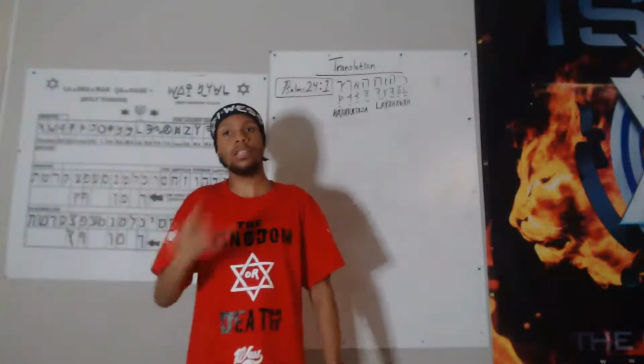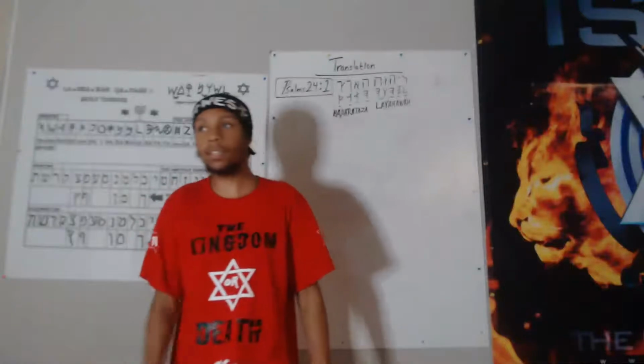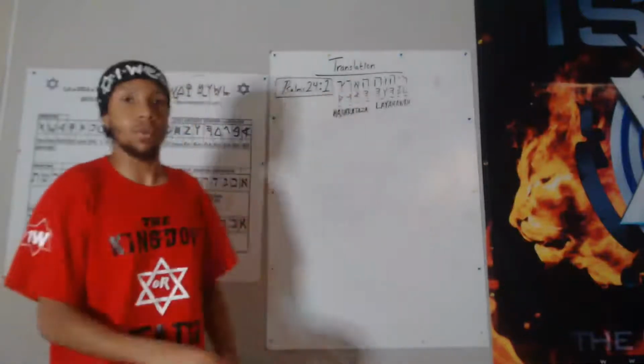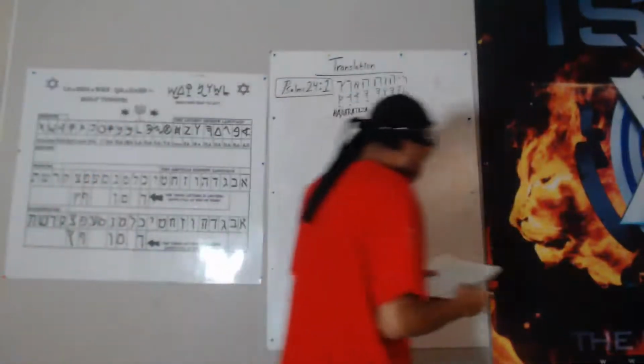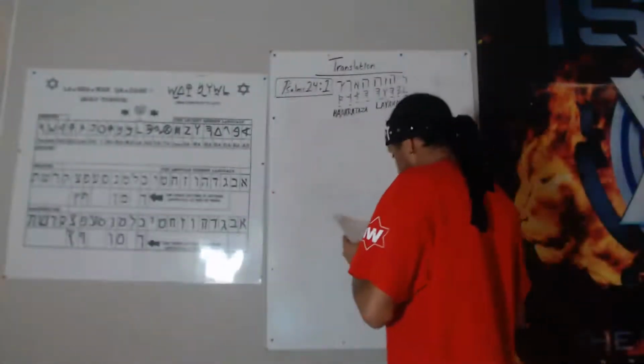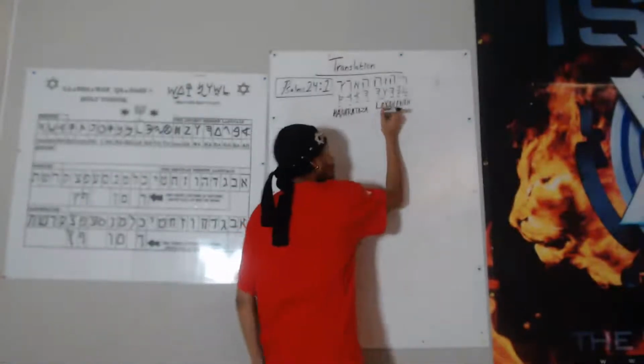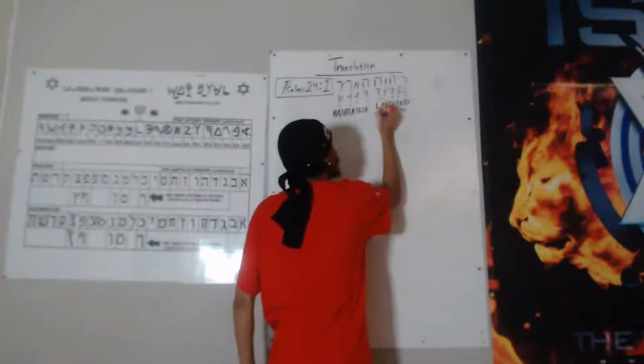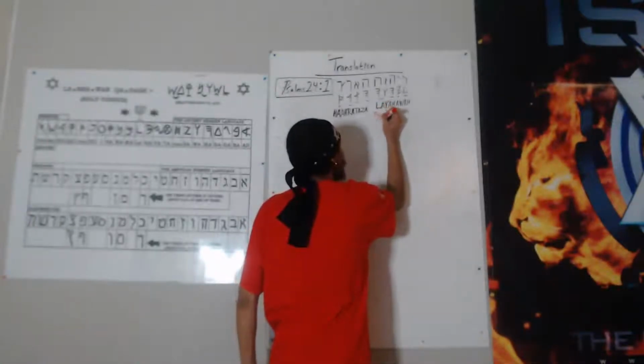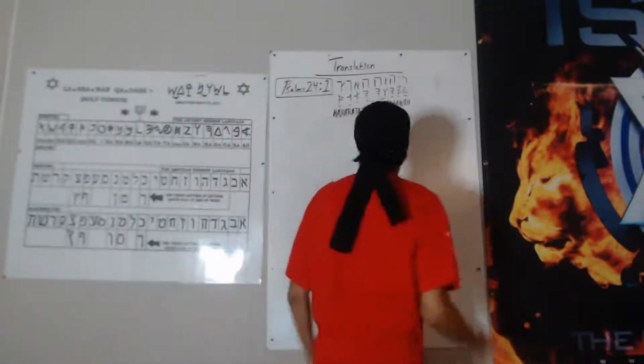Israel is your nation, Israelite, nationality. So La is to, or it's for. For meaning that it's for someone, not the number four.